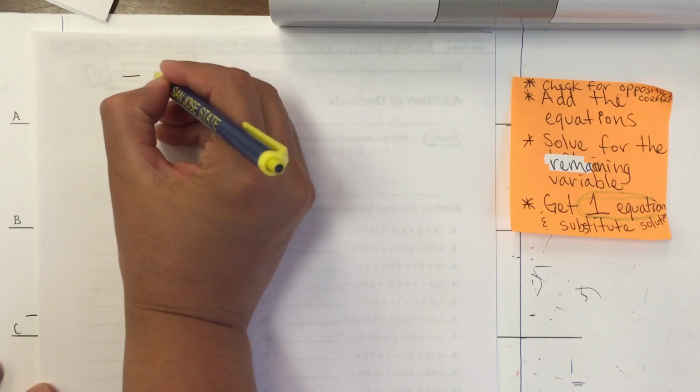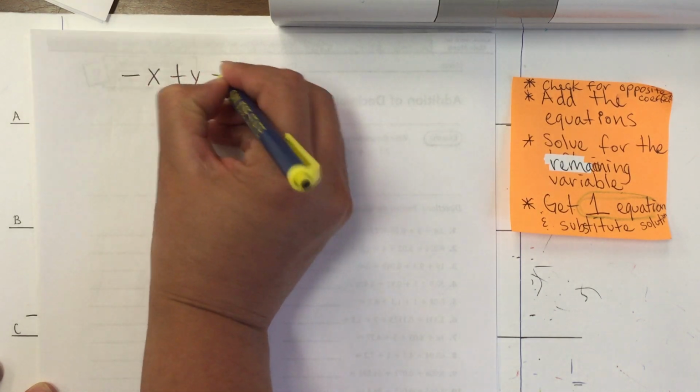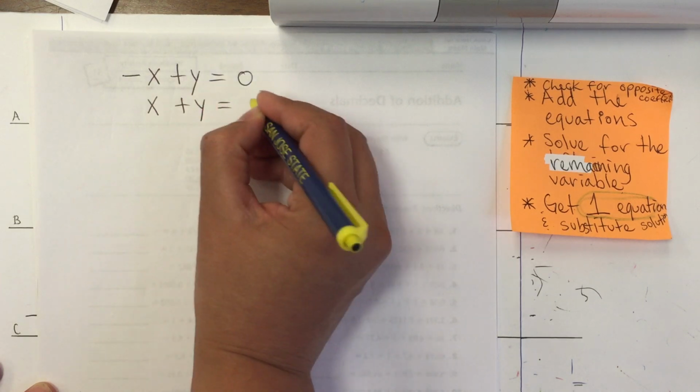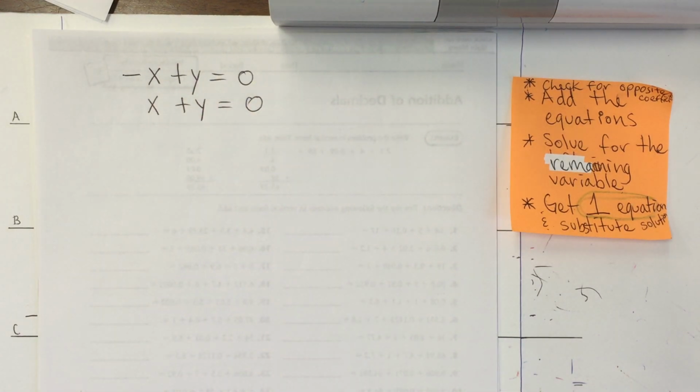Okay, another one. I have negative x plus y equals 0, and x plus y is equal to 0. And so what are the two coefficients that are opposite of each other? Well, we can see that x has a positive and the other one is a negative, so that means that they can cancel each other.